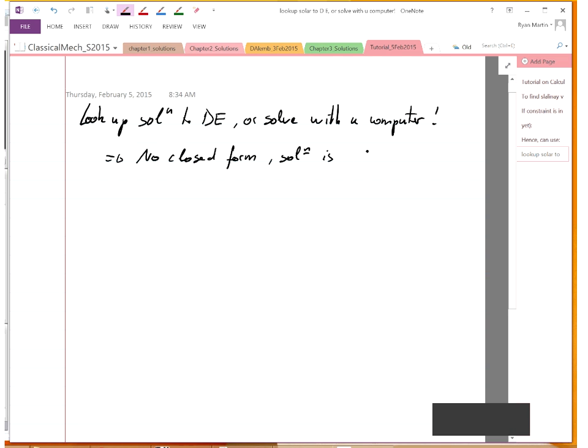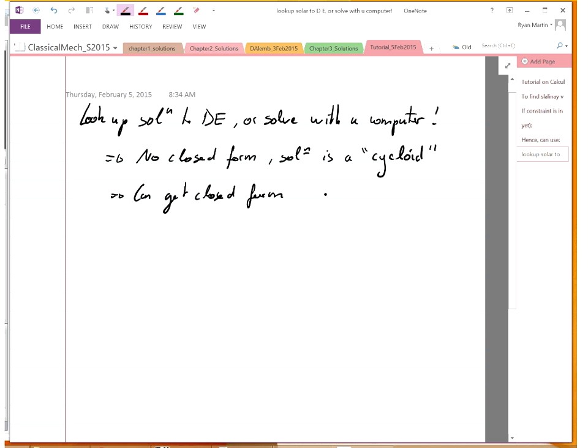And the solution is what's called a cycloid. So you end up with some parametric equation of some angle theta that gives you both y and x. So you can get a closed form parametric solution.